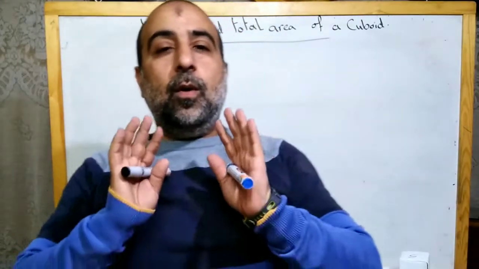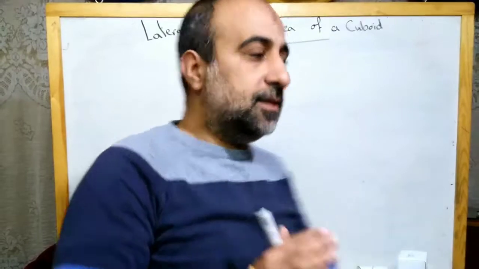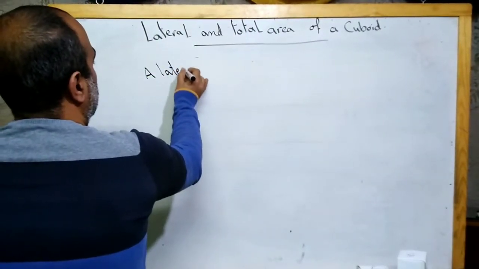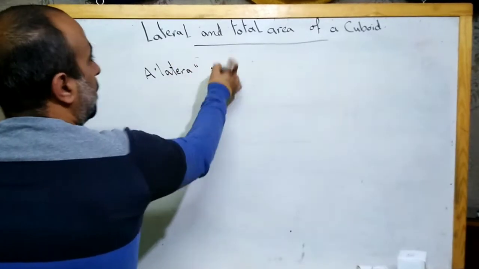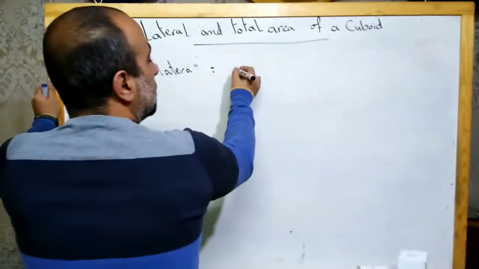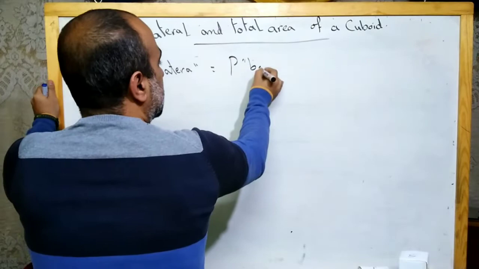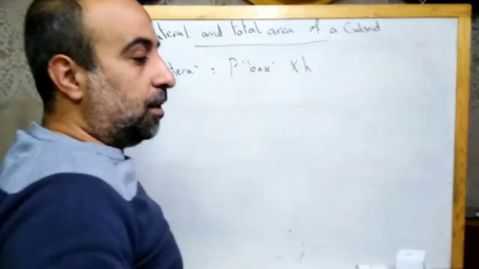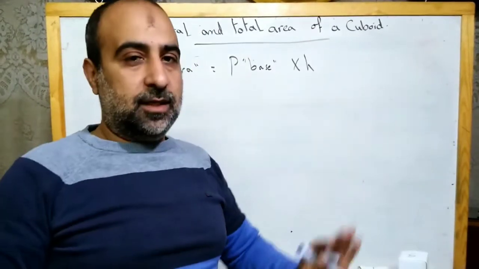Now we deduce that the lateral area of the cuboid is equal to the perimeter of the base times its height, whatever the shape of the base, square or rectangle.